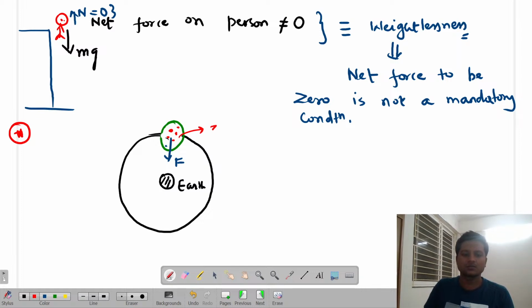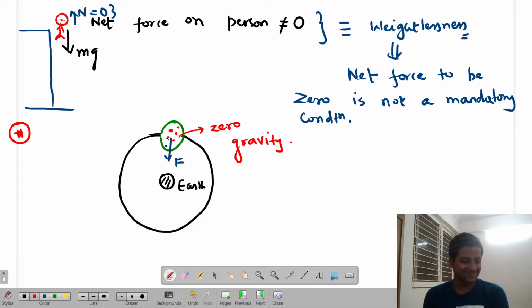Why is that the case? Isn't it? See, simple thing. The Earth is attracting the satellite. The satellite is in the orbit, but the persons inside it feel weightlessness.